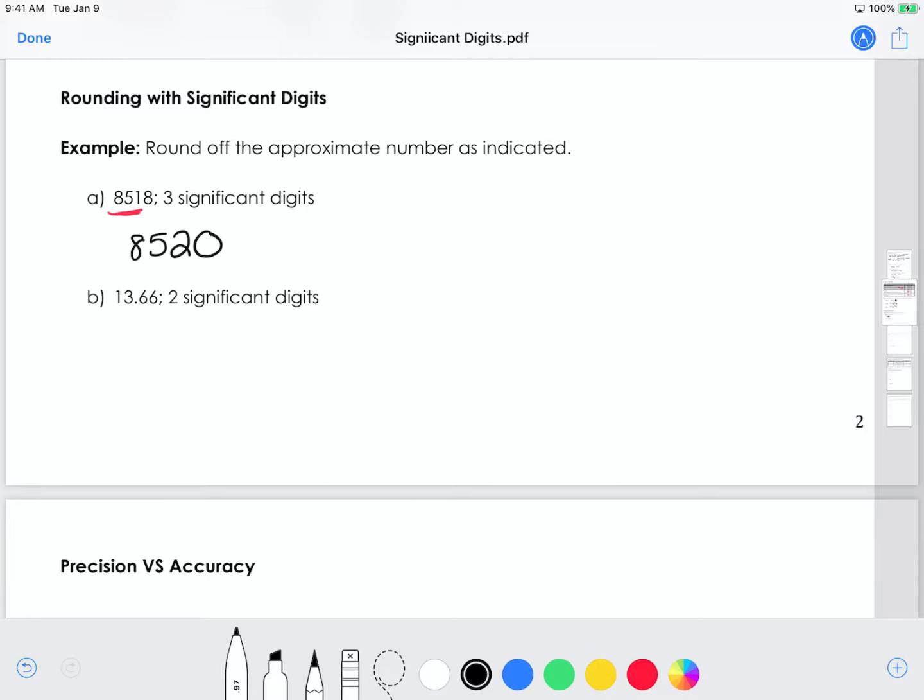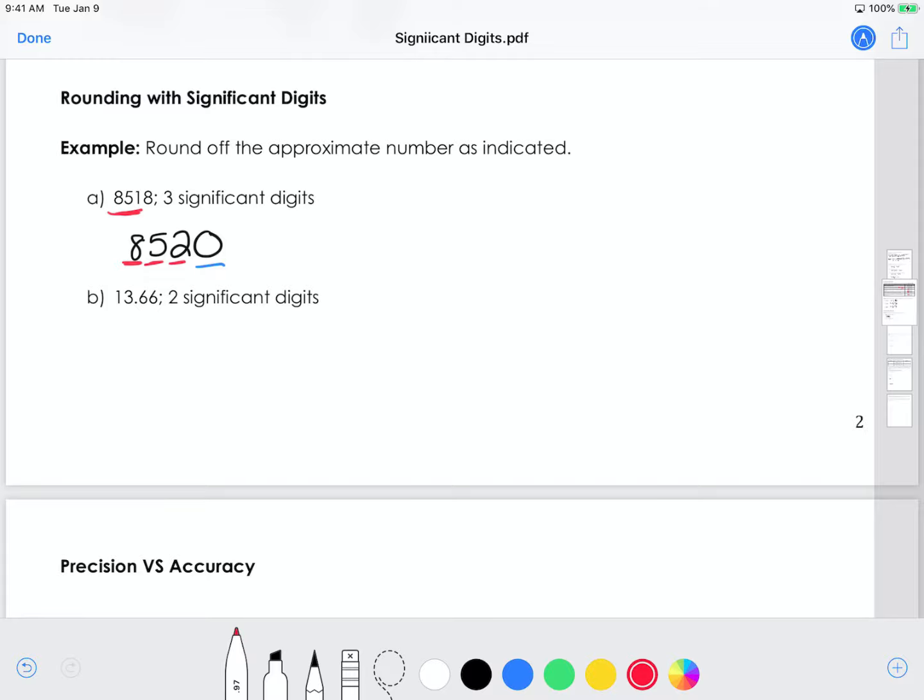And we're bumping that 1 in the tens place up to a 2 because that 8 is 5 or bigger. And now when we look at this, we have 3 significant digits. 1, 2, 3. Because this 0 is a trailing 0 in a whole number, it's not considered significant.